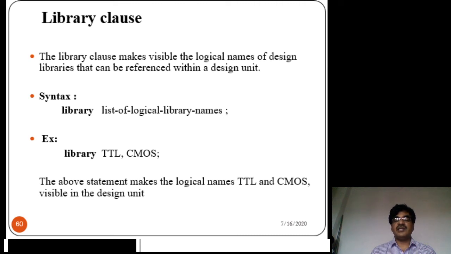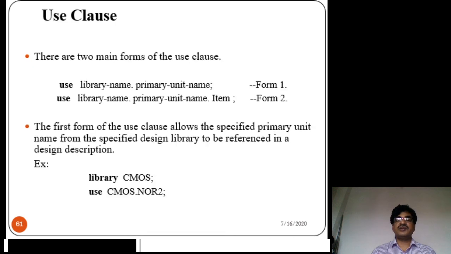Now with the help of the use clause, you can extract or open the packages which are available in these libraries, that is, libraries TTL and CMOS. Coming to the use clause, there are mainly two forms. One is use library name dot primary unit name. Another form is use library name dot primary unit name dot item.